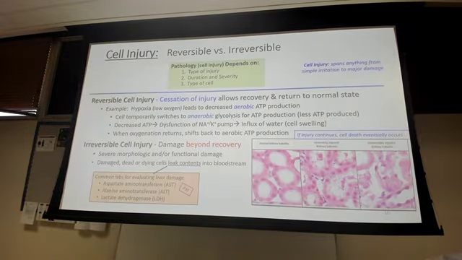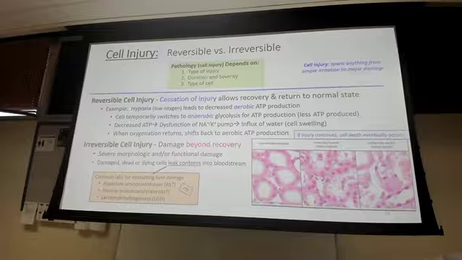All right, so reversible cell injury. All that means is that there's some type of damage or some type of stimulus happening to the cell, and it's starting to impact the cell in a certain way. The example here is low oxygen, right? We already kind of hit that. We talked about how that can impact our ATP production. But when that happens, we have a backup mechanism that can only last for a short time, and that's anaerobic glycolysis. It helps, but it doesn't make as much ATP as normally, right?